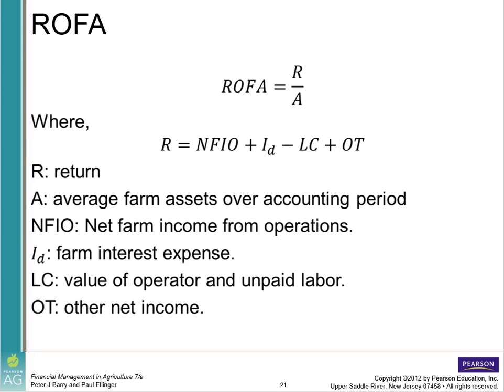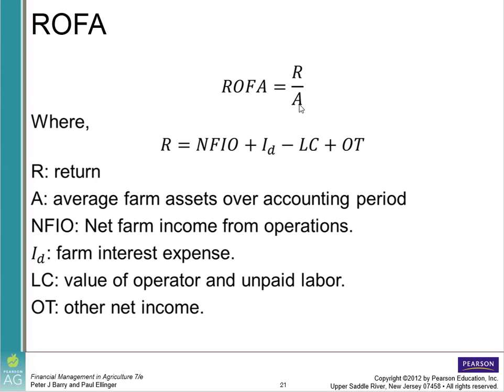Also, a quick point to note here is that, when we're trying to figure out the return on farm assets, what do we mean by the average farm asset? The thing that we'll be using here, and what is also common practice in the real world, is that you look at two seasons. So let's say you have farm assets in 2009 and then you have farm assets in 2010. It is the average of the two that is used here.